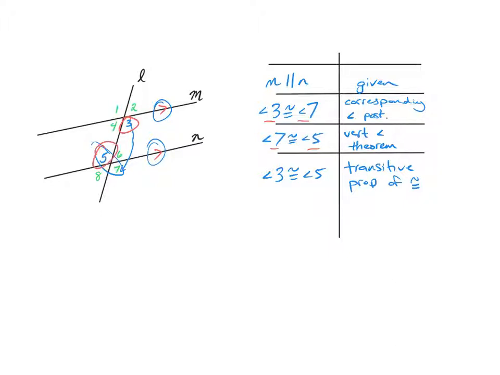Angle 3, angle 5. Those were alternate interiors. So if I have a set of parallel lines, I know that those alternate interior angles are going to be congruent. And we could call that the alternate interior angle theorem.